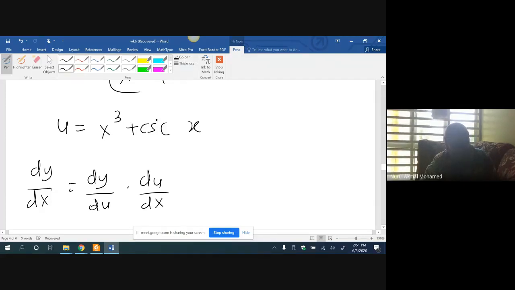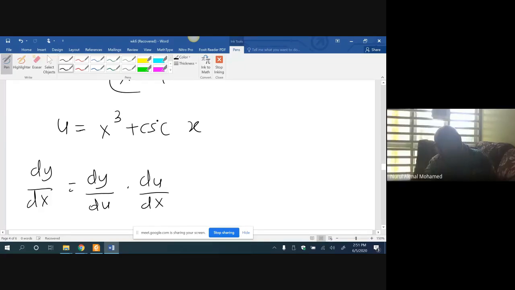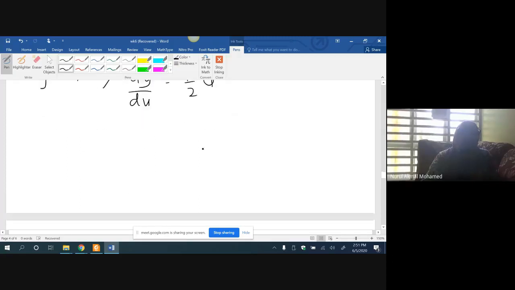Cosecant is 1 over sine, right? What about 1 over cos? 1 over cos is secant, right? Okay, so this is correct. 1 over sine of x. So you have u.